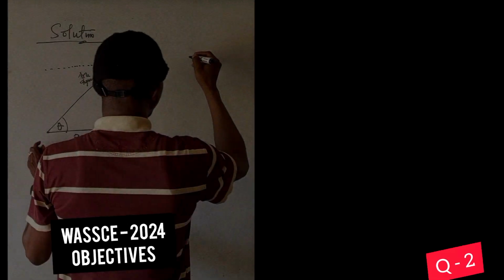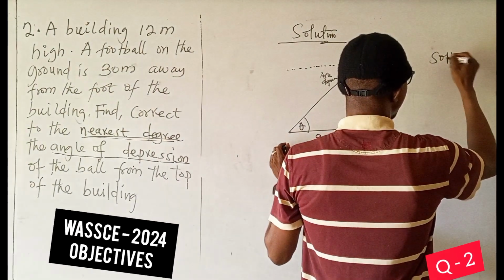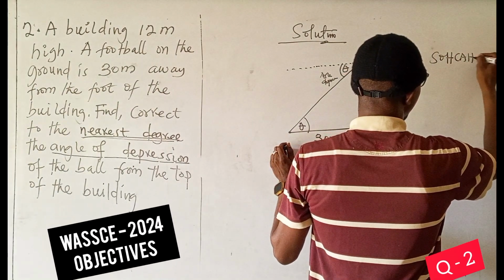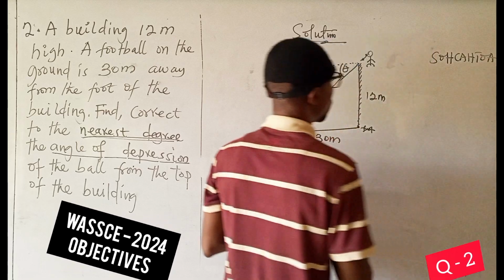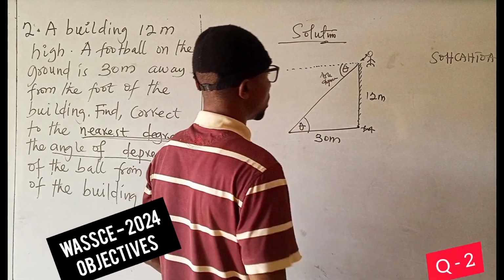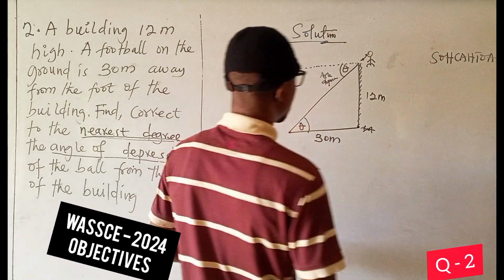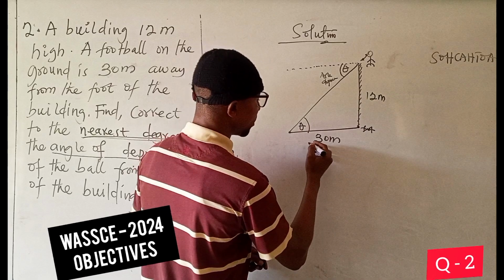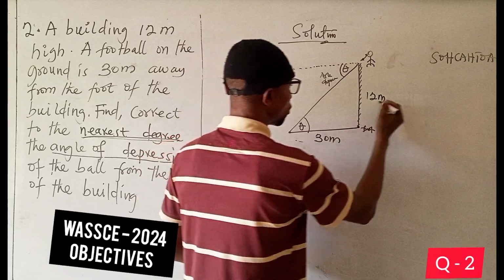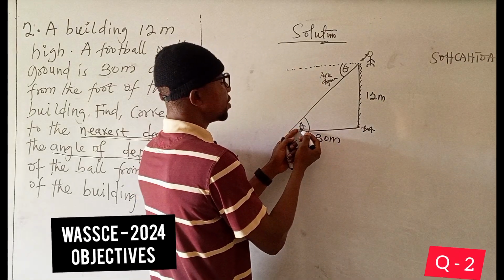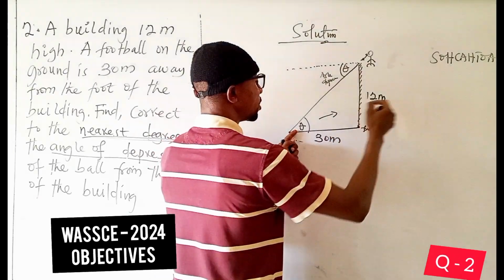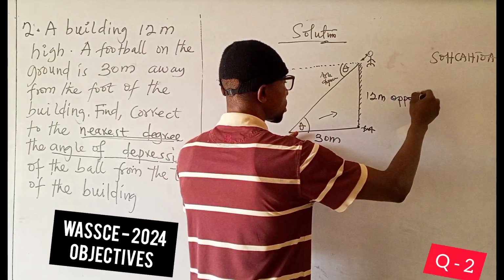In trigonometry, we have a shortcut known as SOHCAHTOA, which is very paramount in our studies here. So now, we have been given this 30 meters and also 12 meters. Where the introduced angle is facing, in trigonometry, is called opposite.